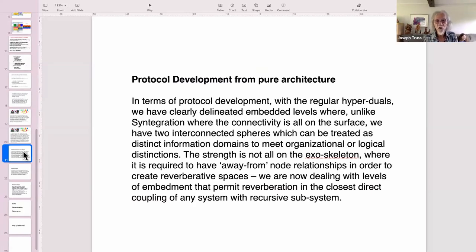The strength is not all on the exoskeleton, as with the icosahedron, where it is required to have away from node relationships in order to create reverberative spaces. We're now dealing with levels of embedment that permit reverberation in the closest direct coupling of any system with a recursive subsystem.